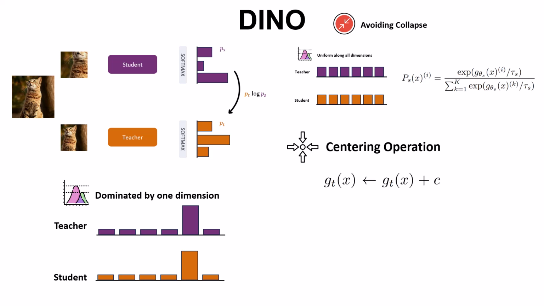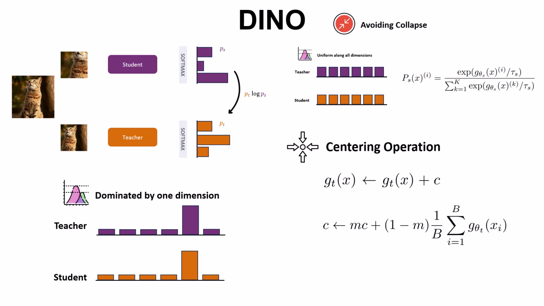And this bias term C is an exponential moving average of previous C, which initially was the mean of all the logits of the teacher among all the samples in our batch of images. So hopefully by adding this C term to the teacher, we can smooth out the distribution, and by using sharpening on both the student and teacher, we're sharpening both of the outputs, so we mitigate these two issues.